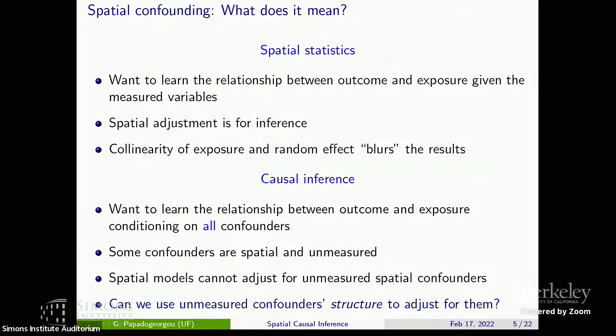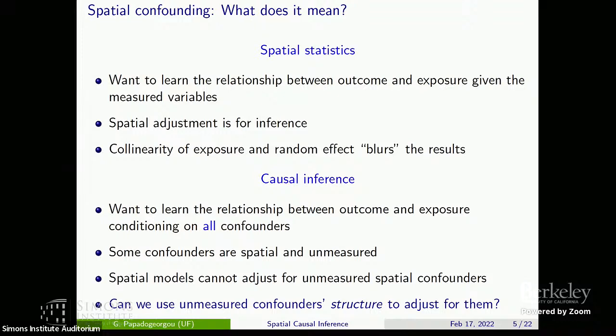But the common thread is that in both of these literatures, we talk about confounding as something that blurs the relationship that we want to estimate. It's just that for us, an unmeasured spatial confounder is something that we need to explicitly adjust for if we want to estimate causal effects.